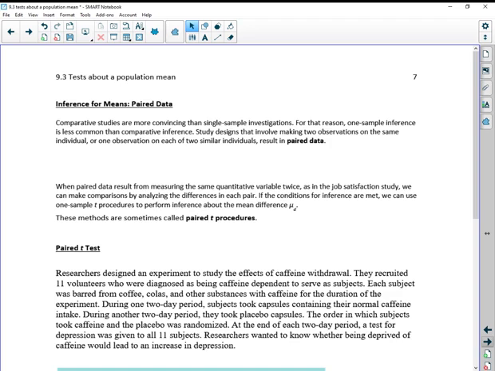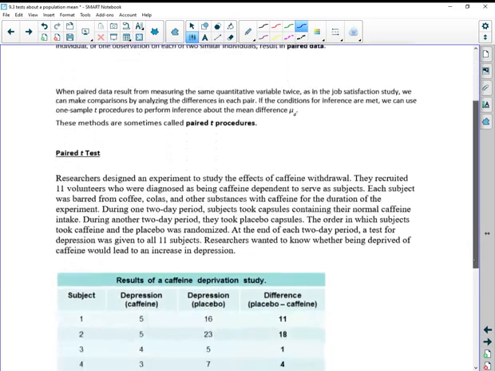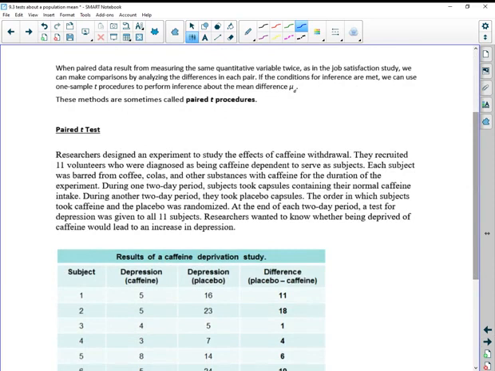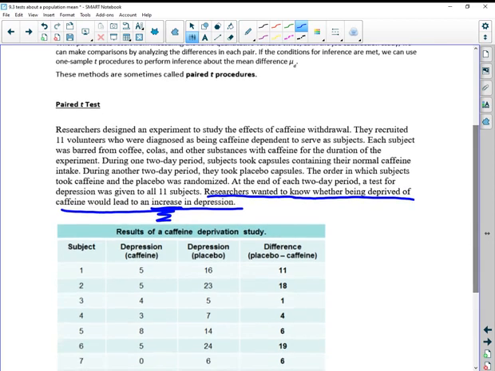In this case down here, we have someone who's trying to find out if caffeine deprivation, if you're getting deprived of your caffeine, is going to increase, not just change, increase your depression. So let's look at what they said here about these measurements.